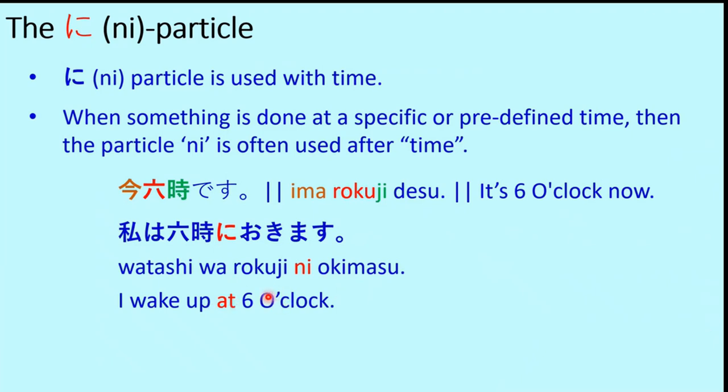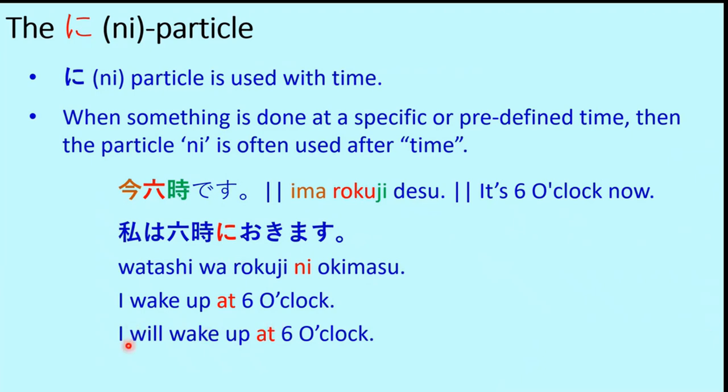Now look at the difference between this first sentence, ima rokuji desu, and watashi wa rokuji ni okimasu. Ima rokuji desu was simply it's 6 o'clock now, and watashi wa rokuji ni okimasu is I wake up at 6 o'clock. And as I mentioned in the last lesson, in Japanese it may mean both present tense and future tense.